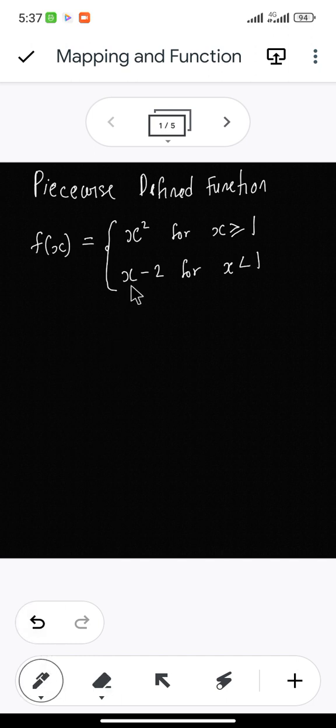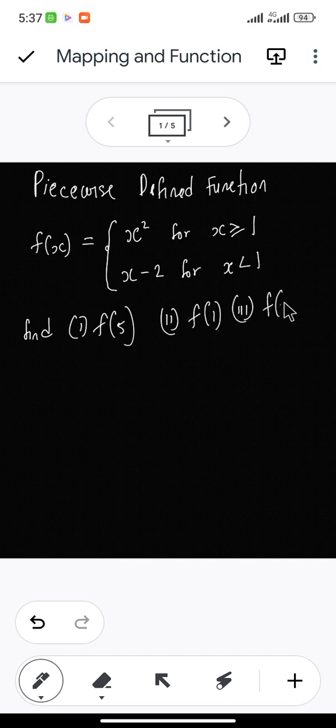So let's tackle this function now. Let's say the question says find f of 5, f of 1, and f of negative 3. The first one, f of 5.